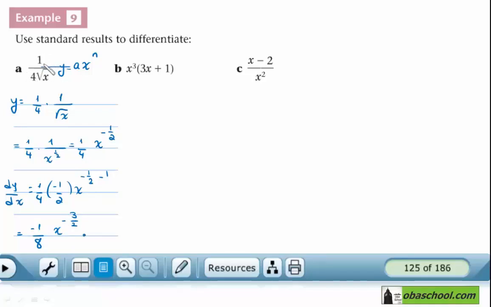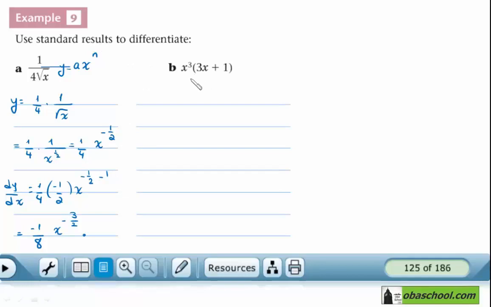Now you can see after we modified the example into the form of y equals a x to the power n, it is easier to find that differentiation. Part B, we have y equals x cubed multiplied by 3x plus 1.